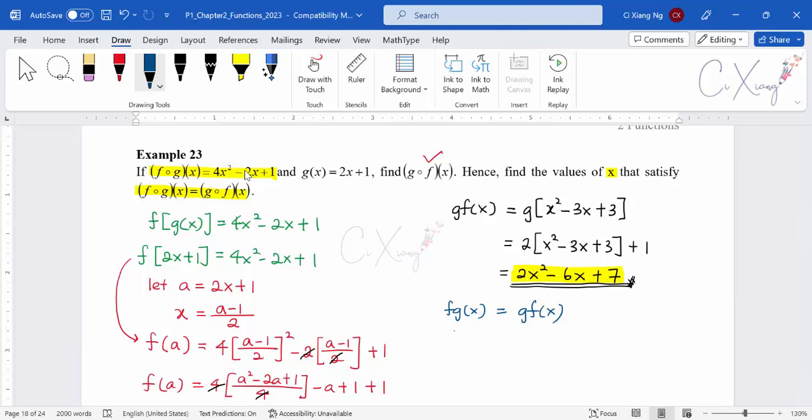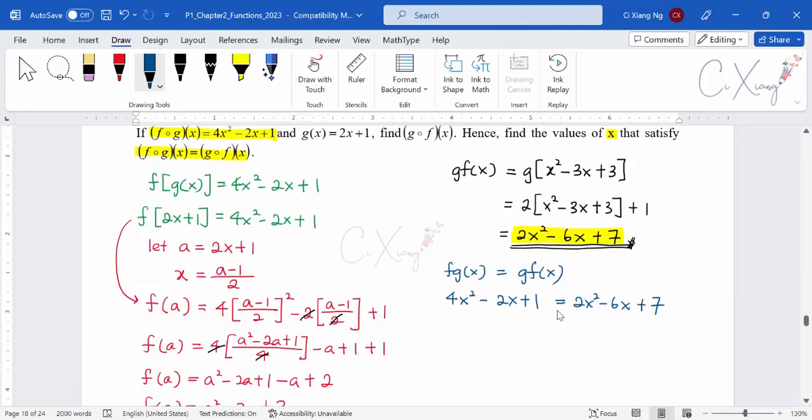So I will let 4x squared minus 2x plus 1 equal to g(f(x)). So what is my g(f(x)) here? This equation. So I will let it become 2x squared minus 6x plus 7. Okay, so very easily you can see that it's a quadratic equation.